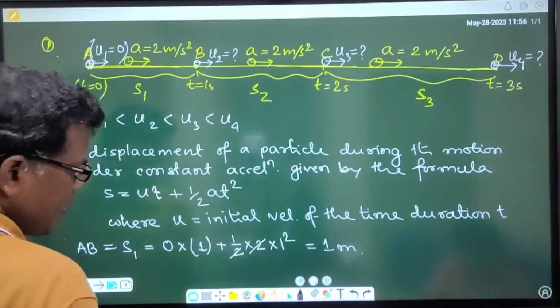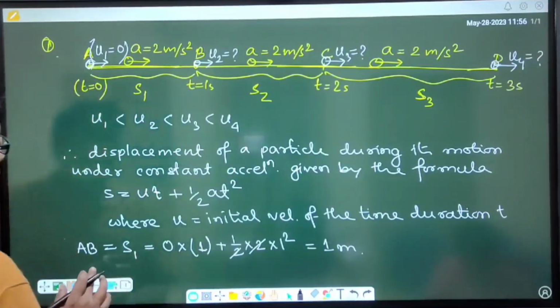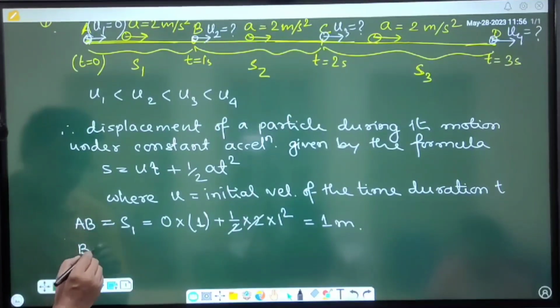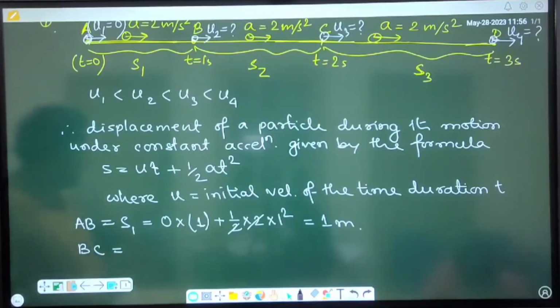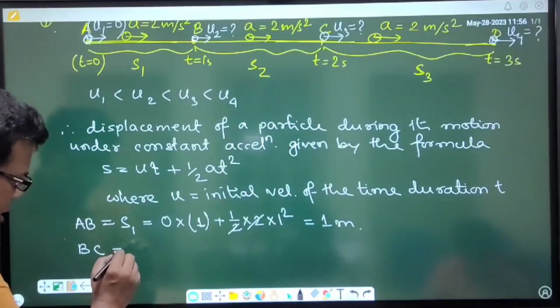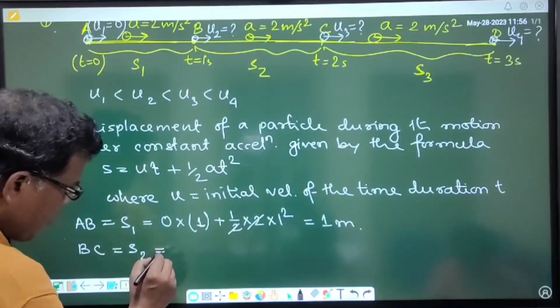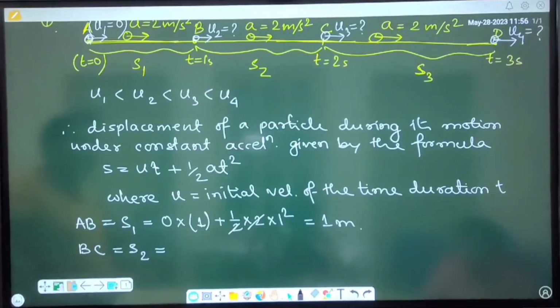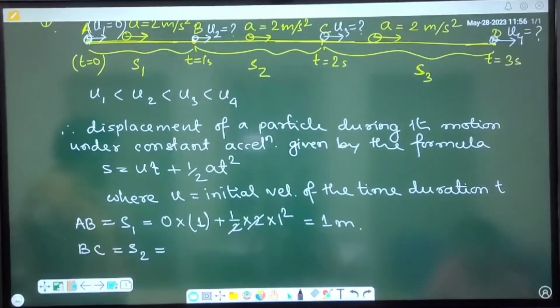Now, similarly, if I want to calculate the next displacement, that is B to C, that is BC, the displacement in the next 1 second, which is the second 1 second, right? So can I write it as S2? For S2, what will be the initial velocity I should write down? Try to follow whatever I have said and done in the calculation of S1.